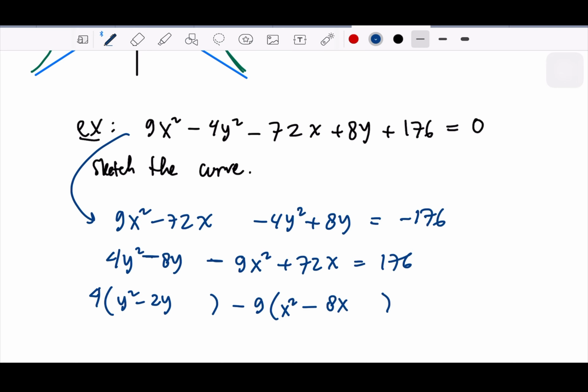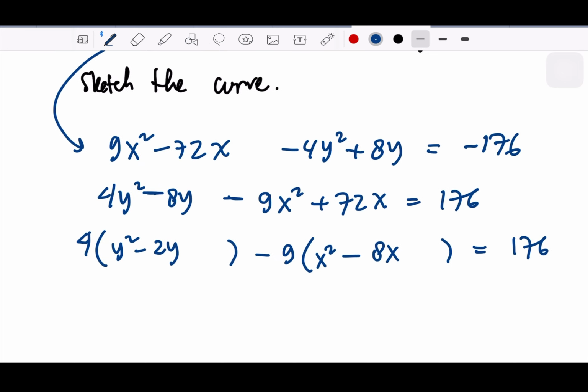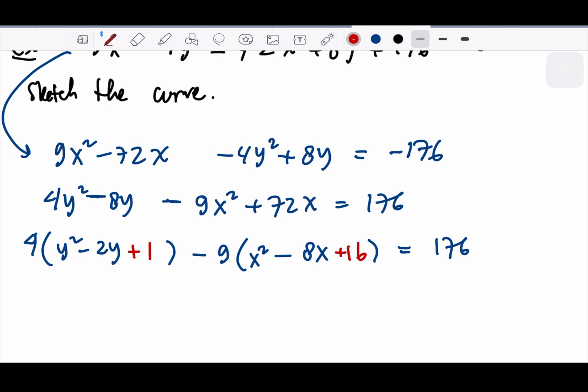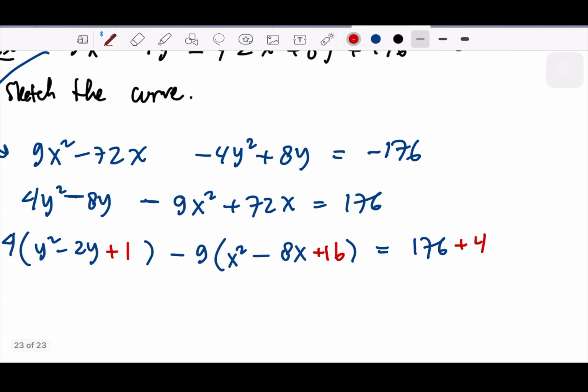Okay, so we can simplify and then complete the square. So we need to plus 1, and then this is plus 16, and then this should be plus 4, and then minus 1 for 4, right? Okay.